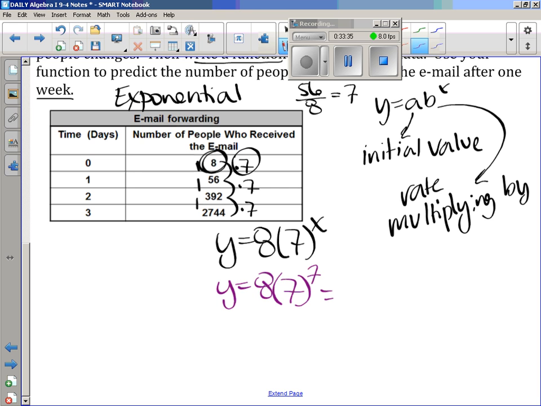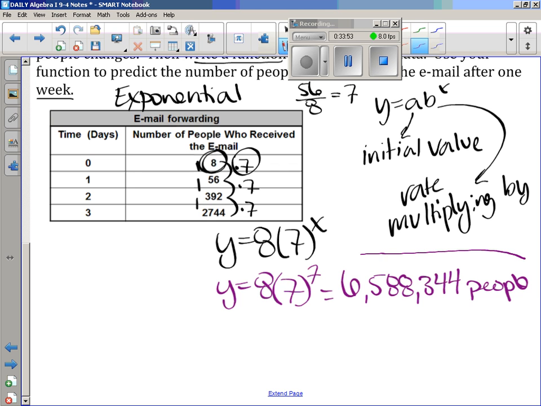I bet we're going to get a ginormous number. Pretty big. I get 6,588,344. It's a pretty big number.